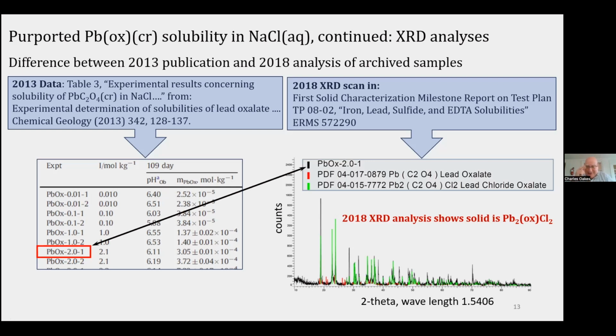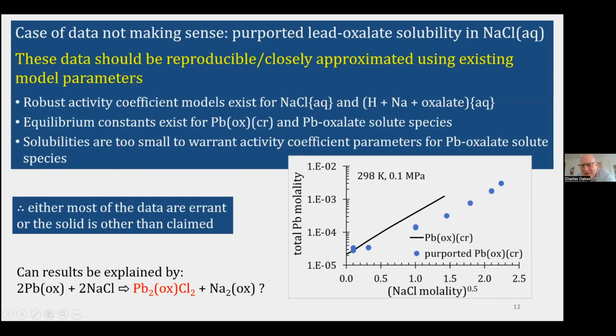So you think, well, gee, your suspicion is right that the solid in that experiment, once you get past this point down here, all these other points look like lead oxalate chloride.